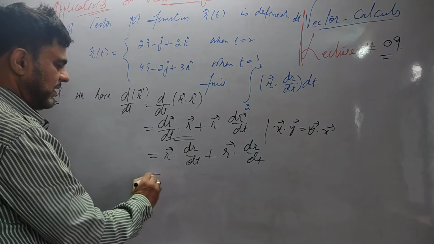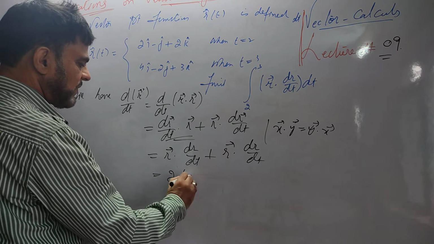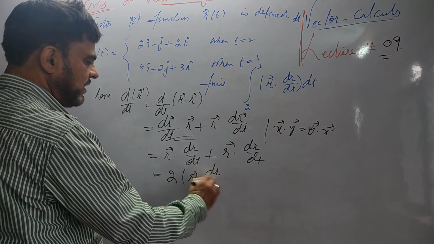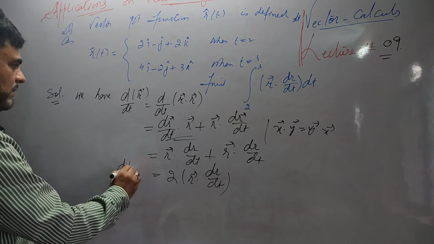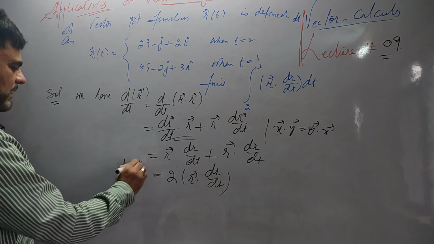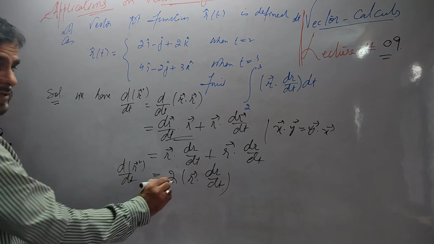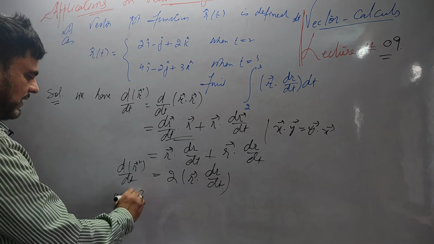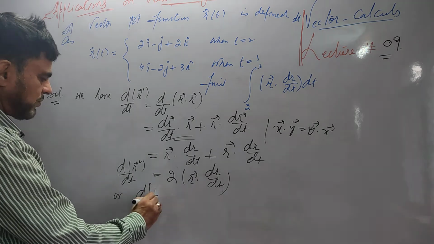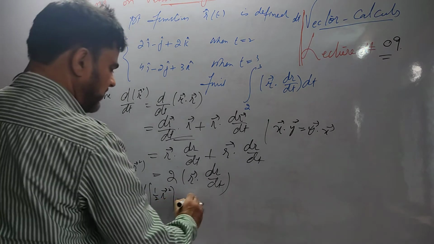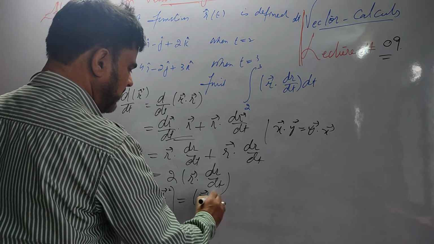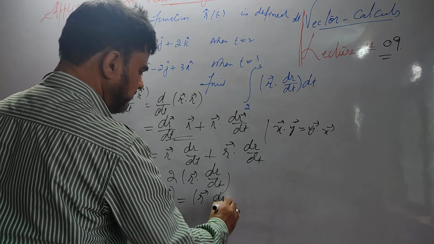So what I am getting is 2 times r dot dr by dt. Therefore the derivative of r square with respect to t is this, or I can write the derivative of 1 by 2 r square with respect to t as r dot dr by dt.